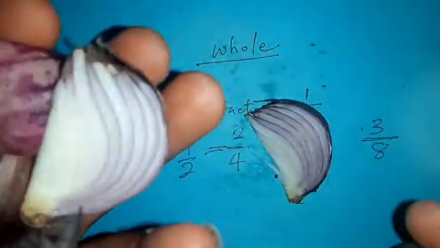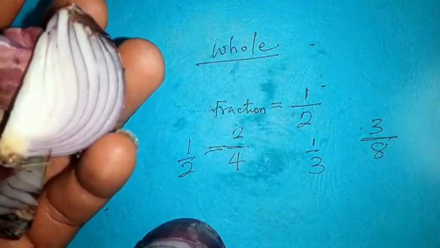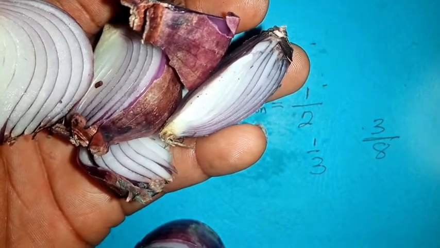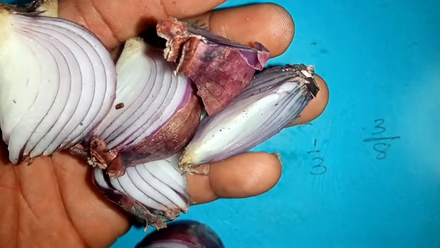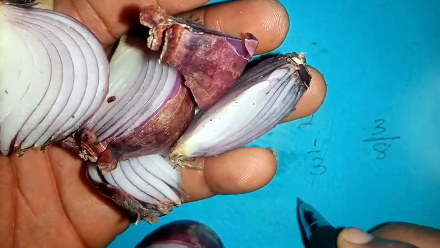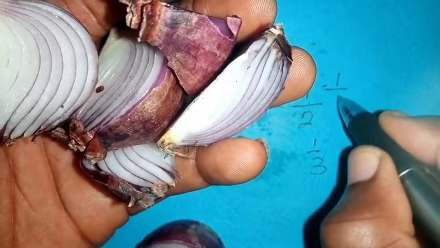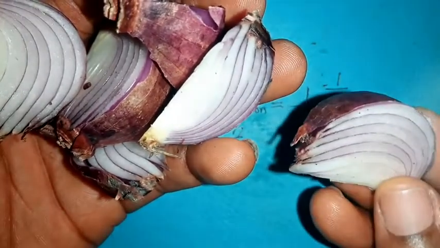I use 7 for cooking, and I kept this one. What fraction is left after Mr. Vincent used 7 for cooking? The fraction is going to be 1 over 8. That is left.